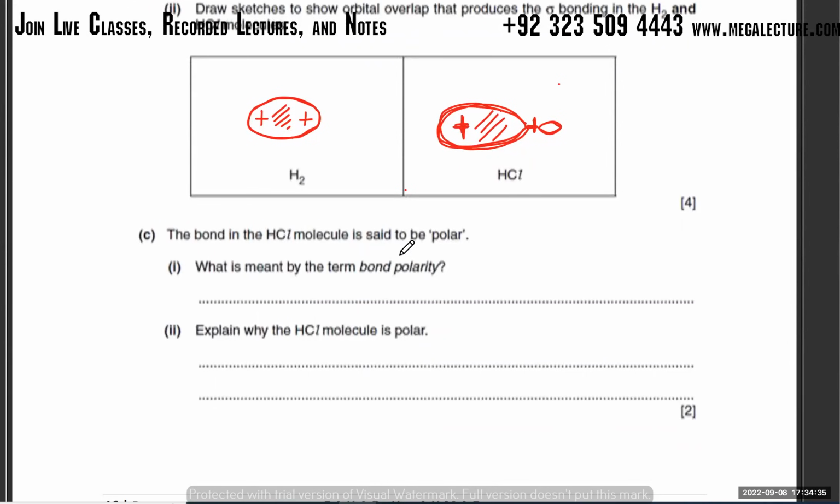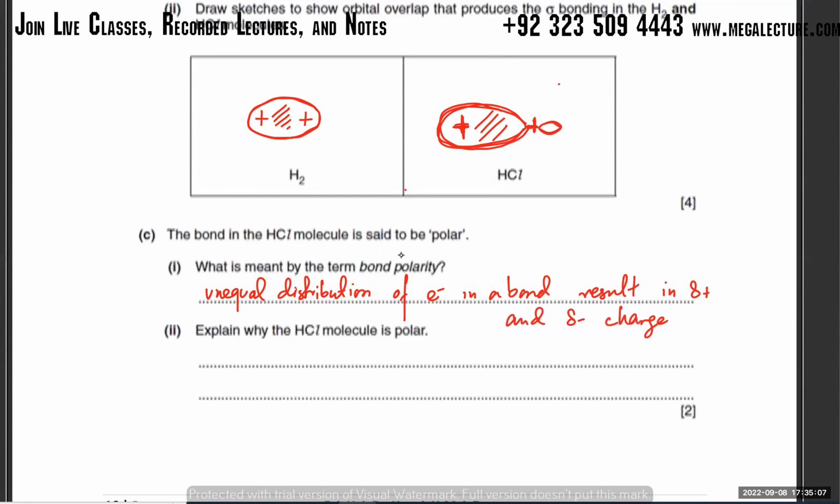Because it's the unequal distribution of electrons in a bond. वो हमने intermolecular forces में पढ़ा था कि unequal distribution of electrons in a bond results in slight positive and slight negative charges on the atoms. Explain why HCl molecule is polar.